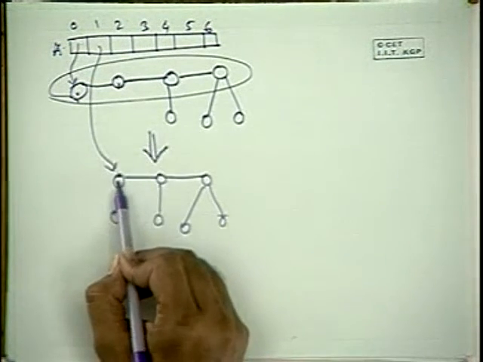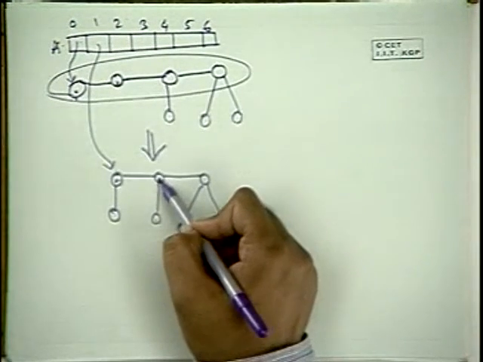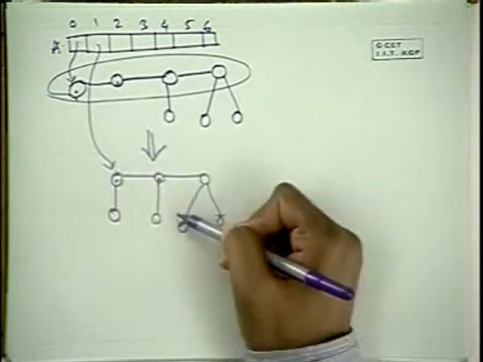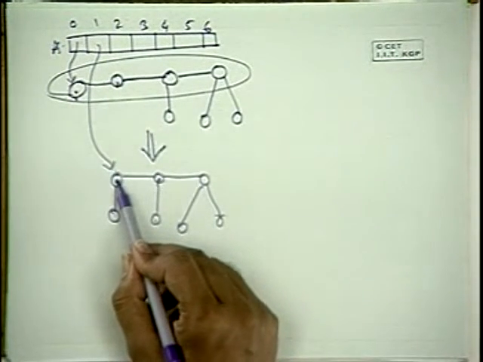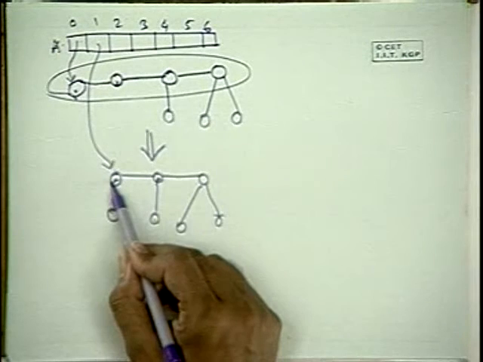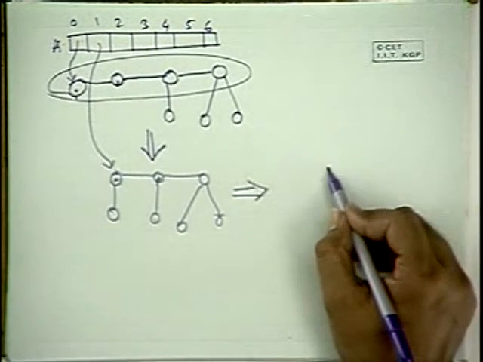Now we scan the next one. Again this root has one child, its degree is 1, but again A1 is occupied. That means there are two roots with the same degree. We need to link these two. So the situation immediately becomes this.